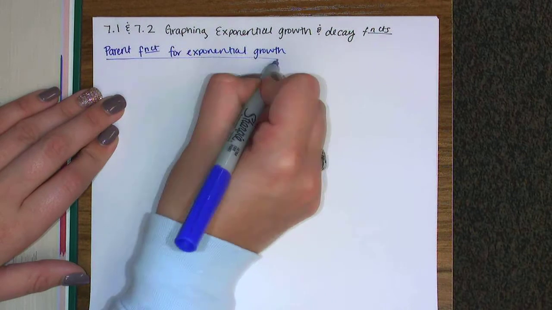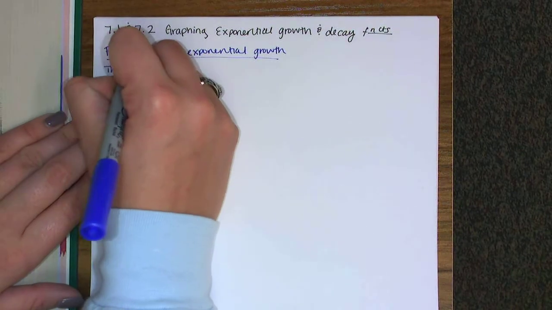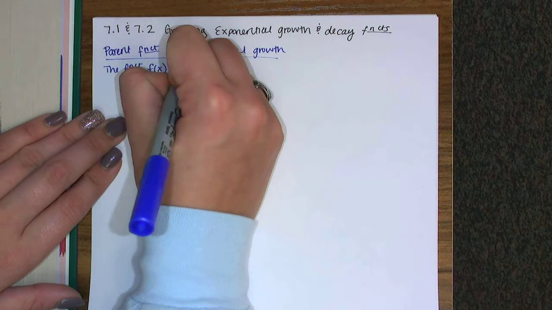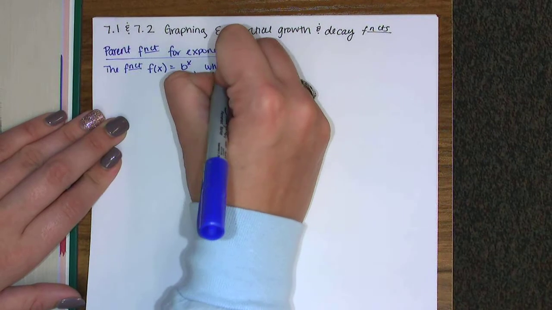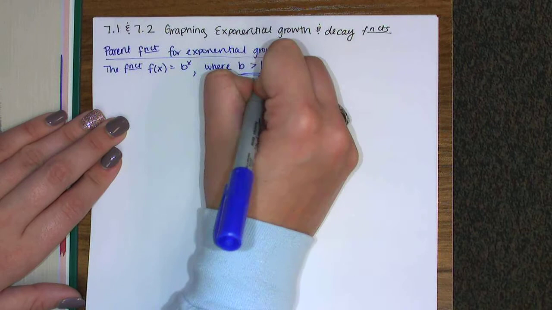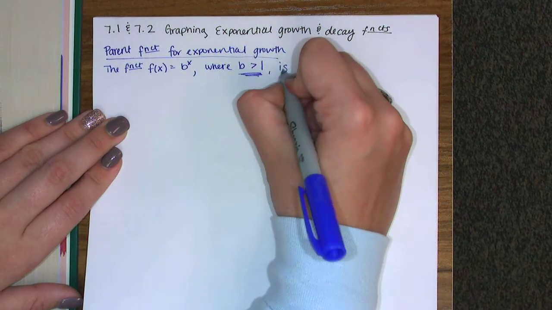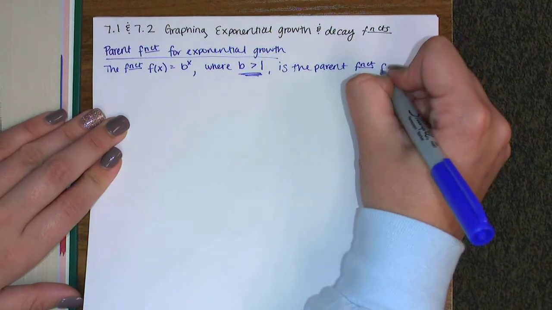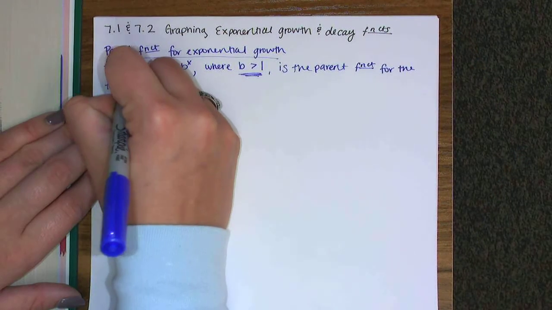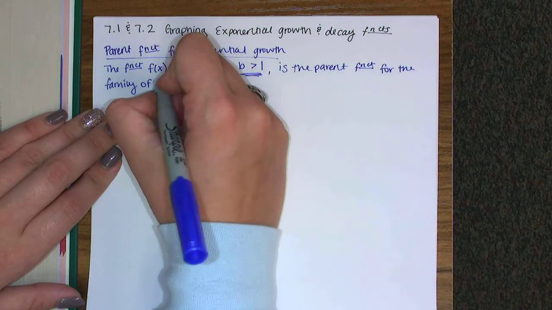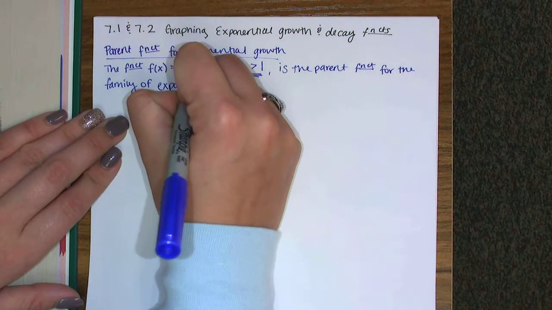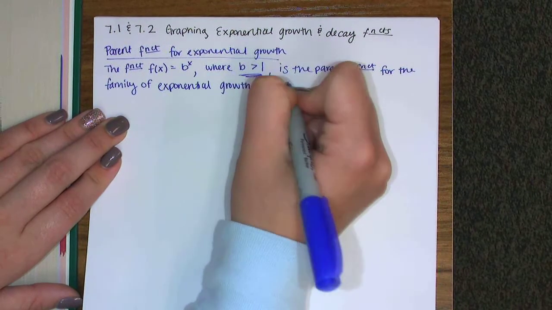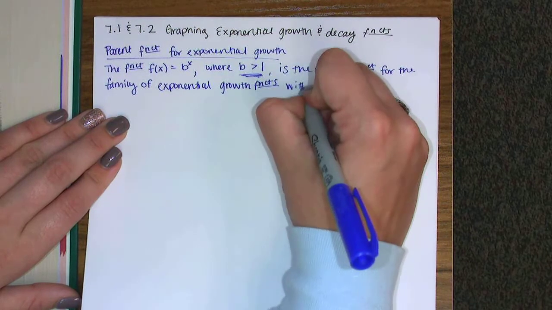Alright, so the function f of x is equal to b to the x, where b is greater than 1, okay, and this right here, this is the key part, is the parent function for the family of exponential growth functions with base b.